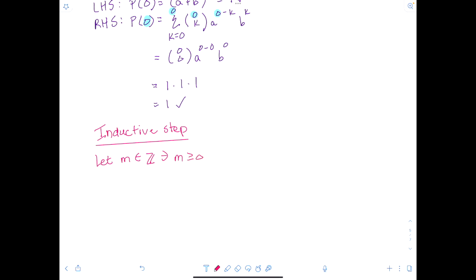So it's an integer that is greater than or equal to 0, non-negative integer. Suppose p at m is true.